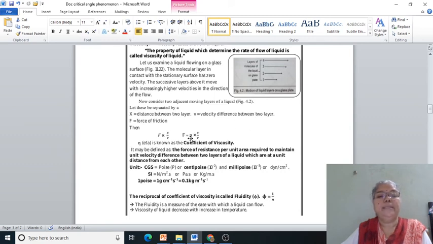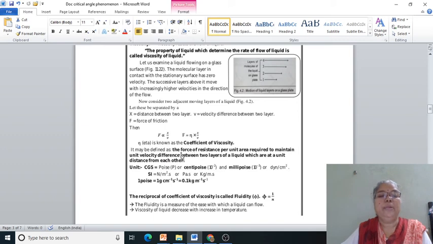And this η is the proportionality constant, and it is known as the coefficient of viscosity, and it is defined as the force of resistance per unit area required to maintain unit velocity difference between two layers of a liquid which are at unit distance from each other.